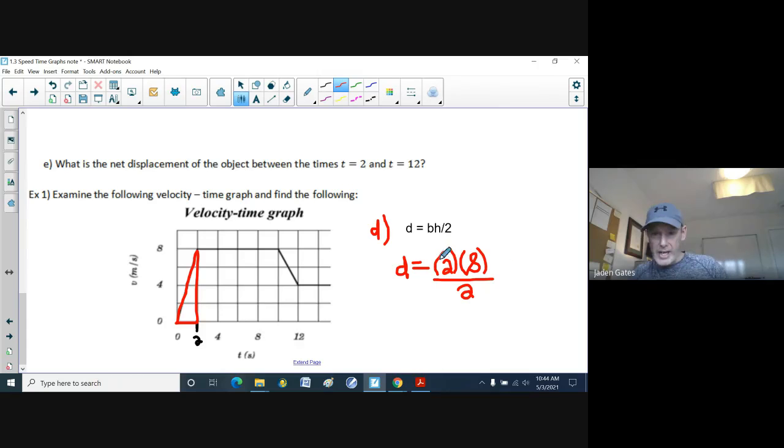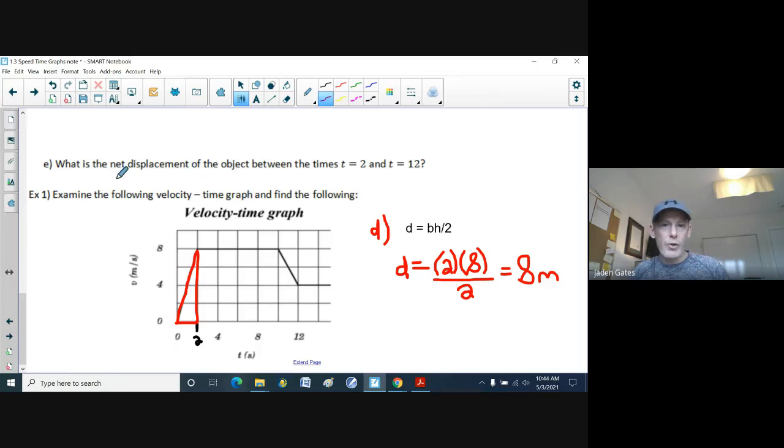If I do D equals 2 times 8, which is 16, and then divided by 2, well, I get an 8. And since our velocity is in meters per second and our time's in seconds, that means our distance is 8 meters. So in total, in the first 2 seconds, this thing traveled 8 meters.